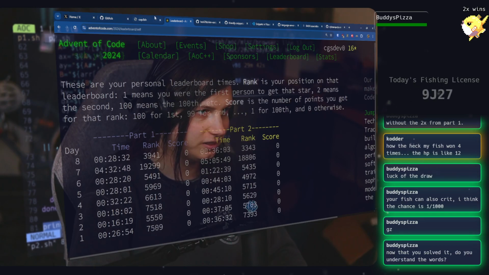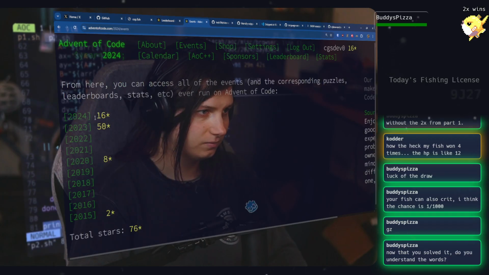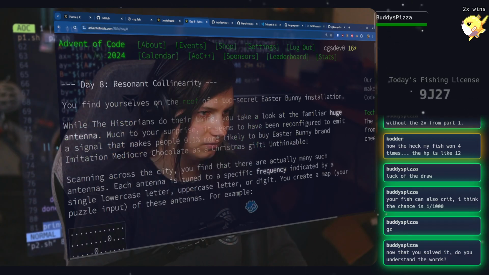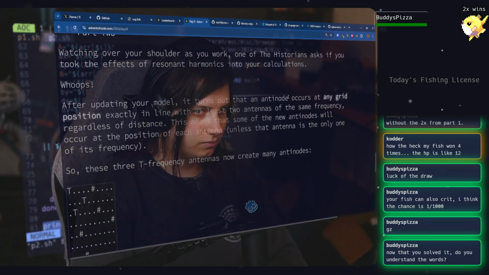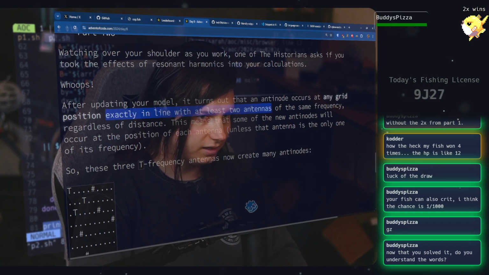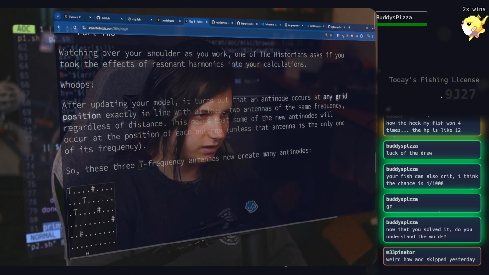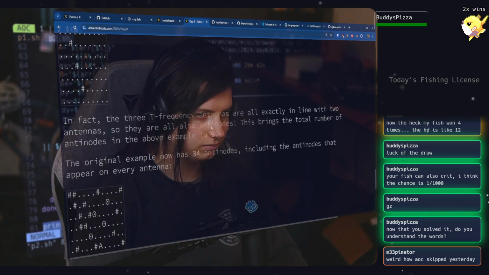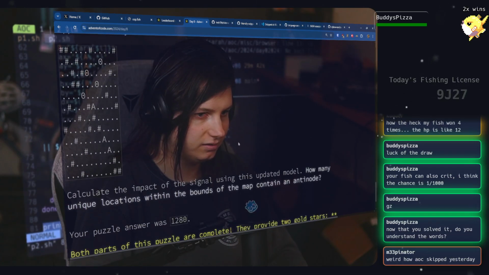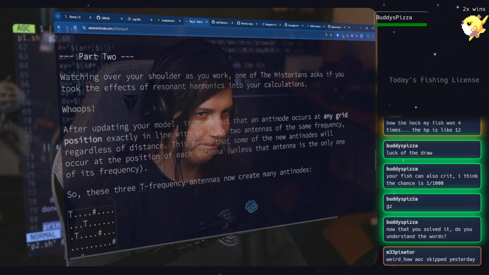Now that you solved it, do you understand the words? I don't know. Let me go back. Any grid position exactly in line with at least 2 antennas of the same frequency, regardless of the distance. No, it's still not clear.